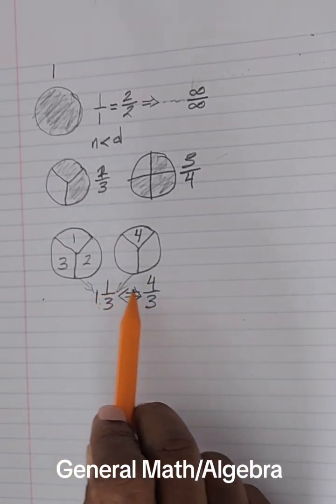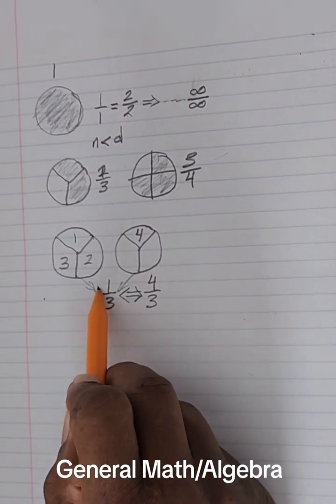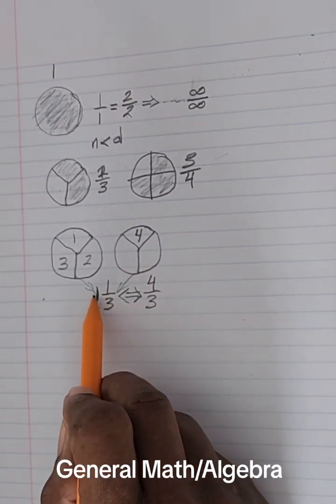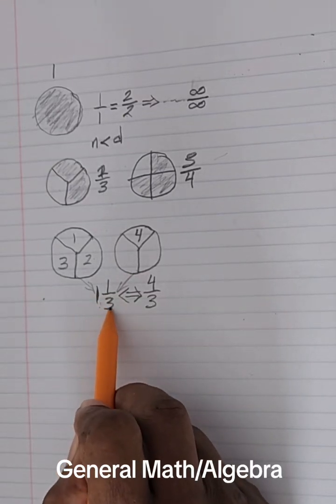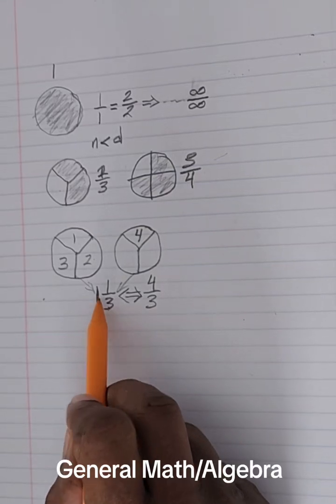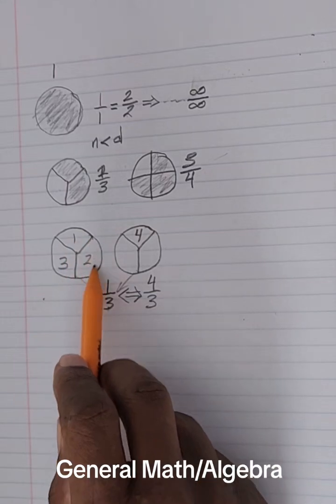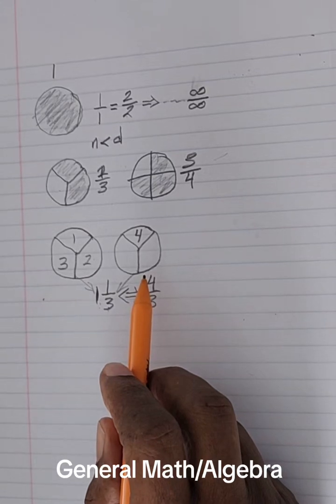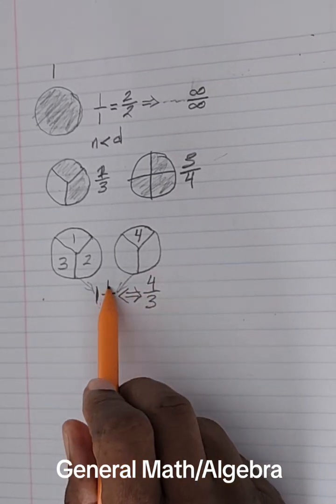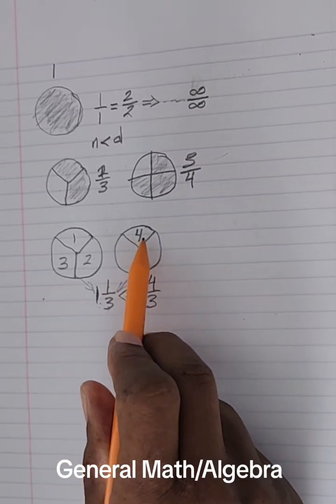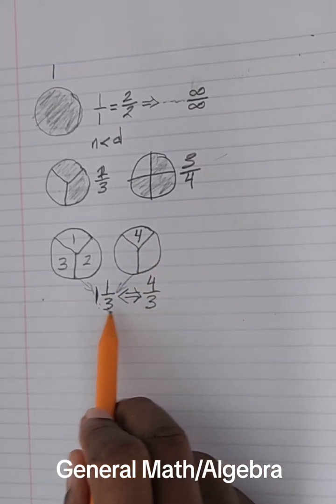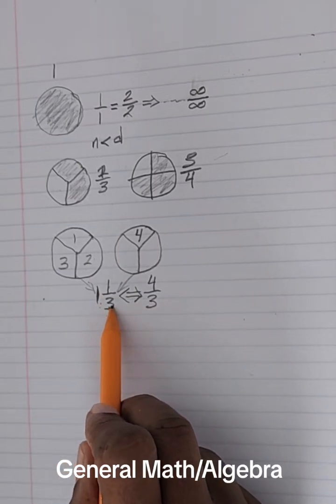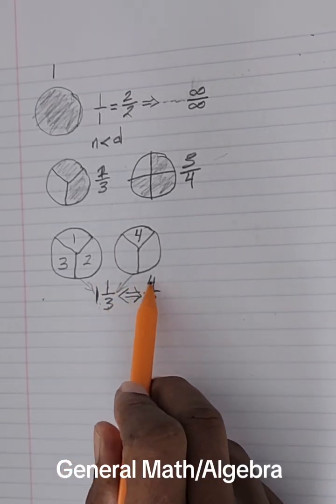Well, to go from this to this, whatever this number is here, we multiply times the number of thirds that we have. In this case, there's 3 of them, so we get 3, and then there's 1 more, so we get 4/3. 1 times 3 plus 1 is 4/3.